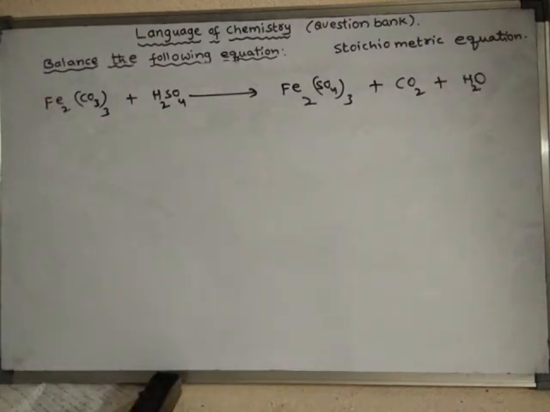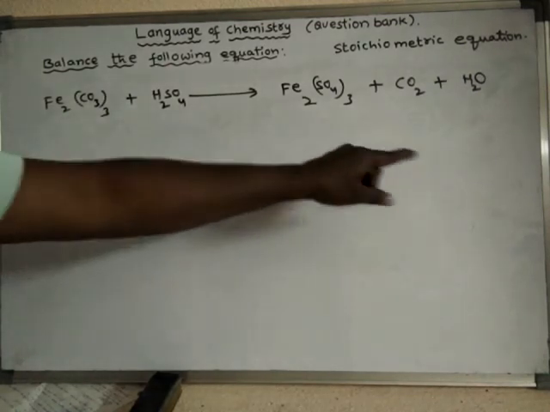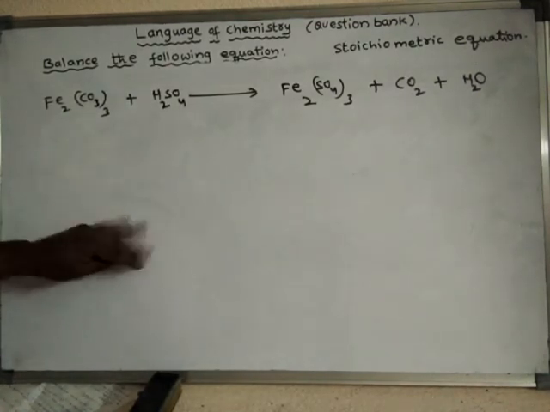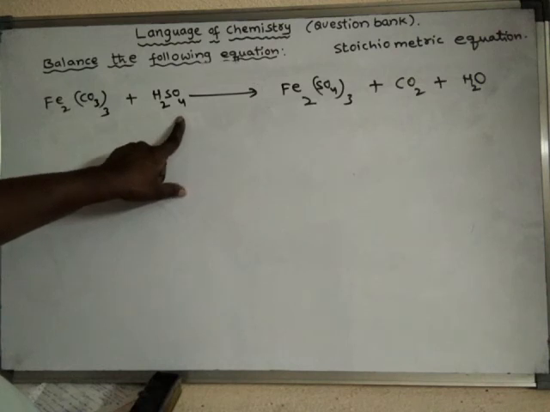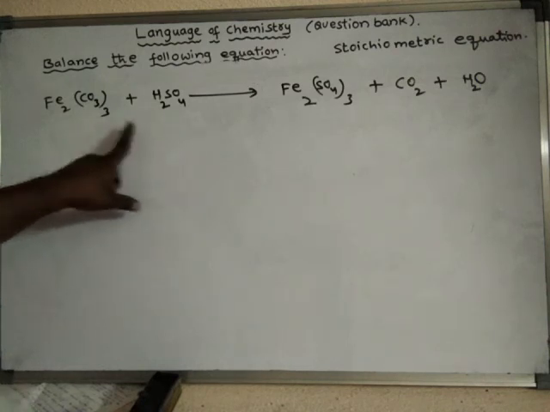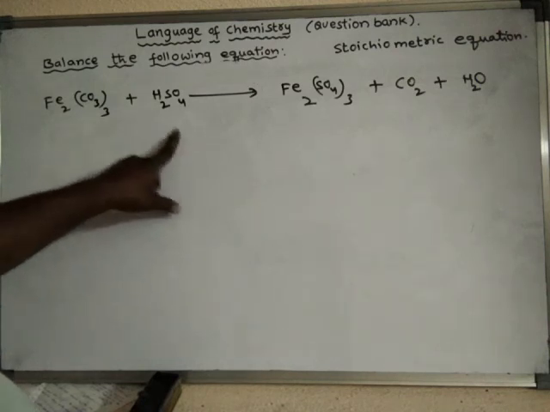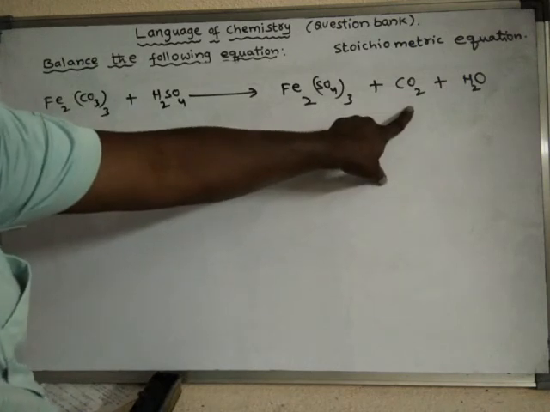Okay, right. Now always remember that this is an acid and this is a carbonate. When an acid is reacted with a carbonate, generally carbon dioxide gas is released.